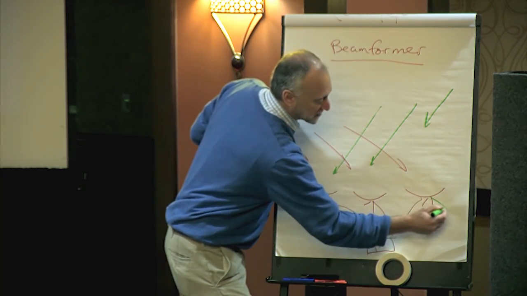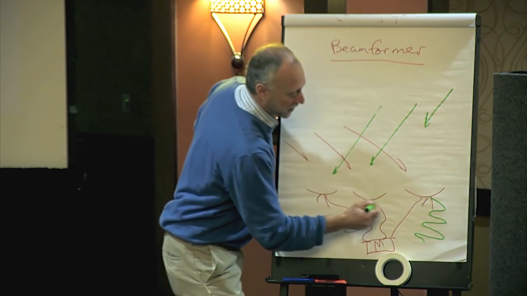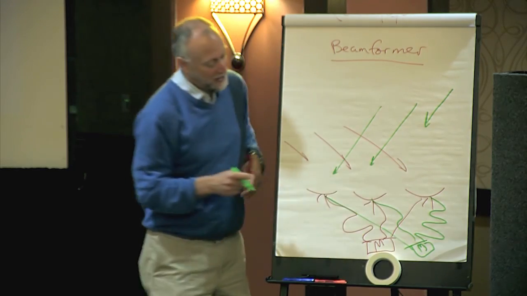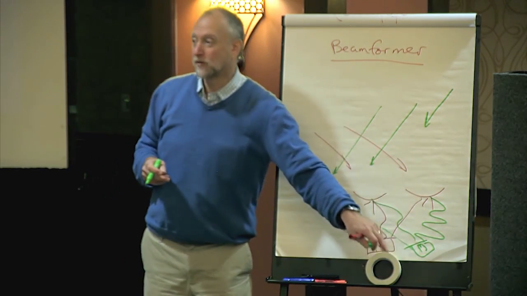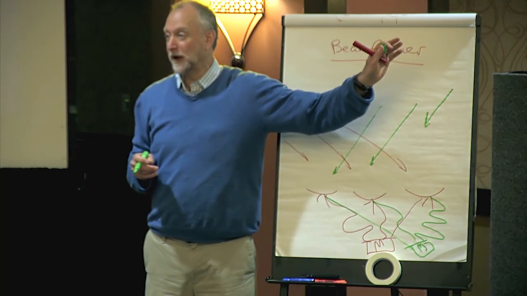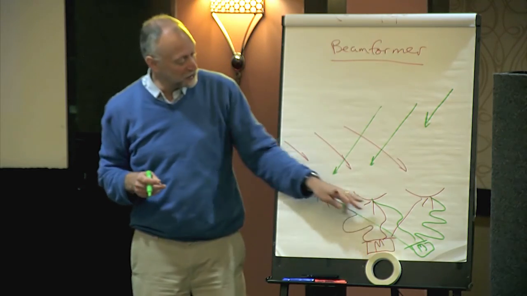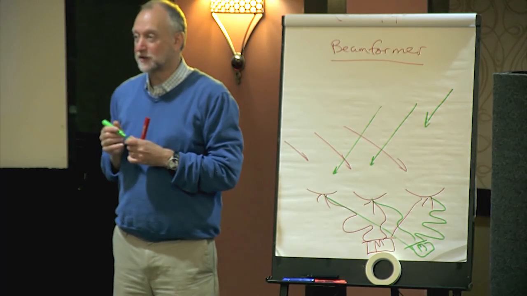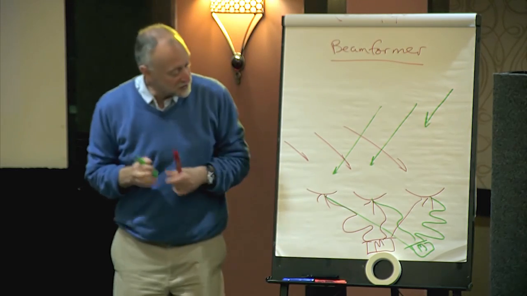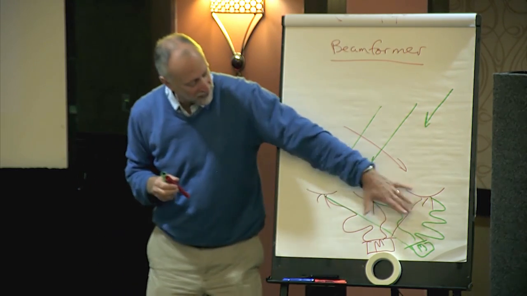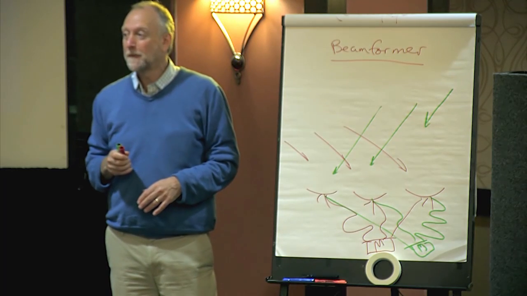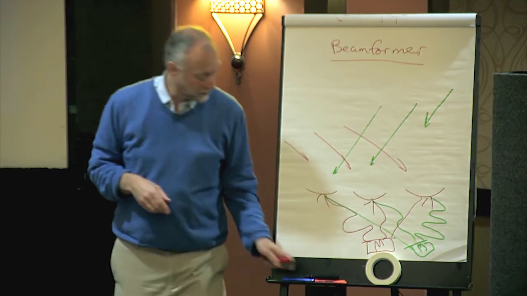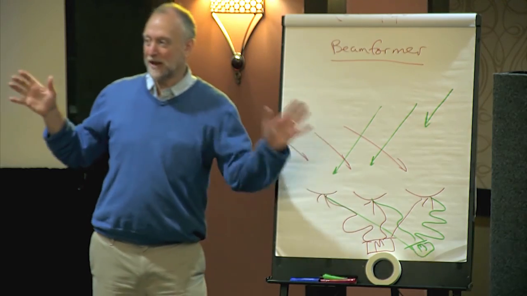This one now has to have a long delay, this one a medium delay, and this one a short delay, and then I add them up, and now I have a new beam from a different place on the sky. And I'd like to do that multiple times so I can have multiple beams and look at many places on the sky at once. So you can see that's another kind of networking problem that we have, and maybe you can tell us how to do that as well. Is that all? Everybody got that memorized?